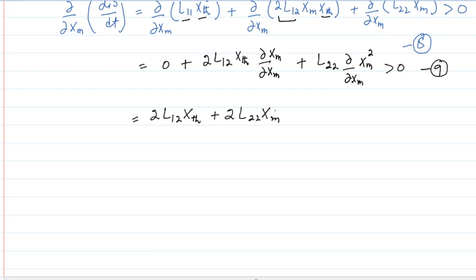So basically we got this term here, so it will be greater than 0, equation 10.